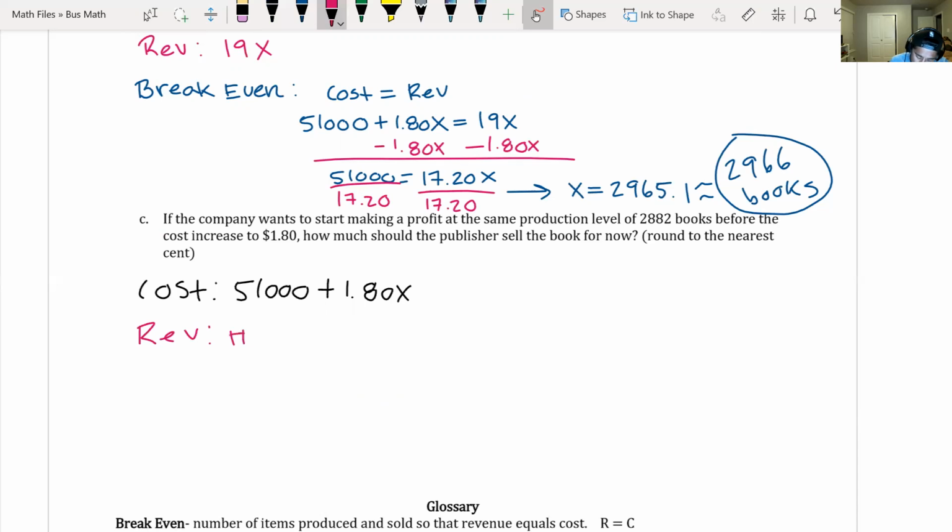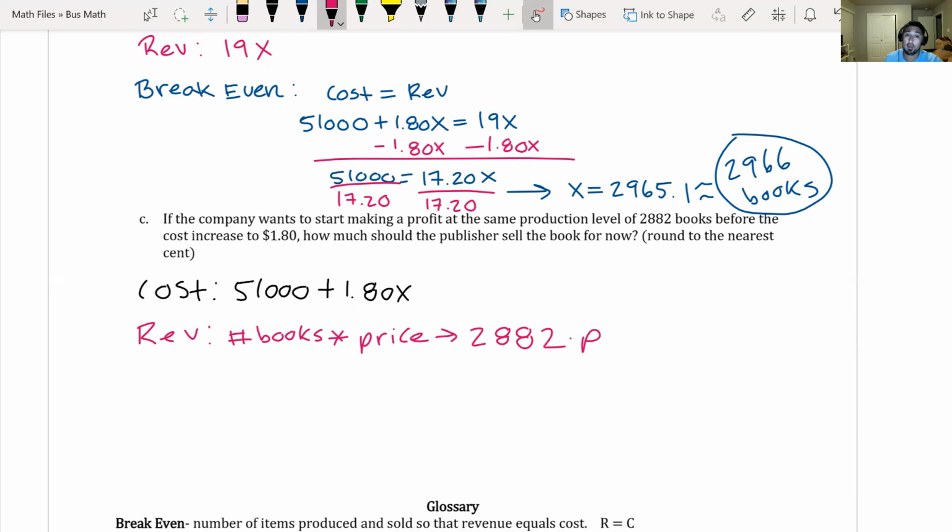So, well, in this case, number of books times price. Well, we don't know the price because we want to know what we could sell these books for in order to keep up with the cost and still make a profit. What we do know is the number of books. So this means that our revenue is now 2,882 books times P.